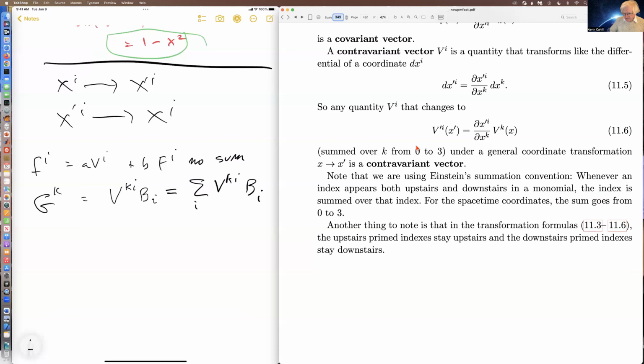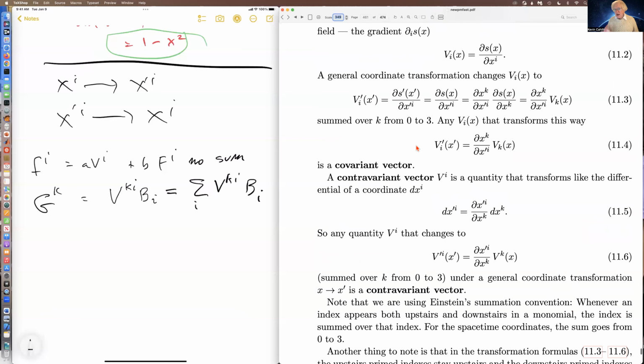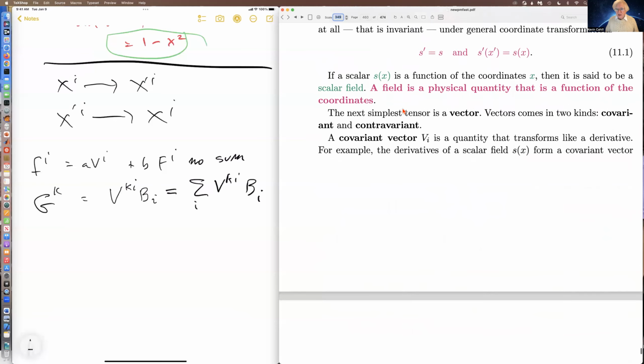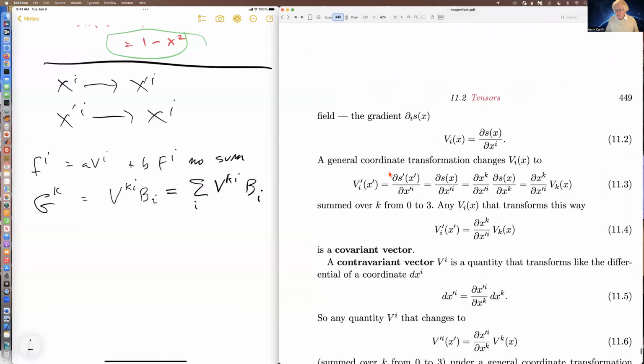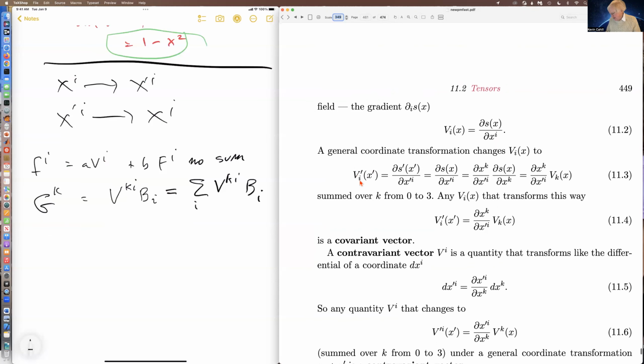Another thing to note about these formulas is that the primes stay upstairs or downstairs. In this expression, this is unprimed, it's downstairs, it stays downstairs. Here, the i labels a primed quantity, and in fact, many people put the prime on the index.